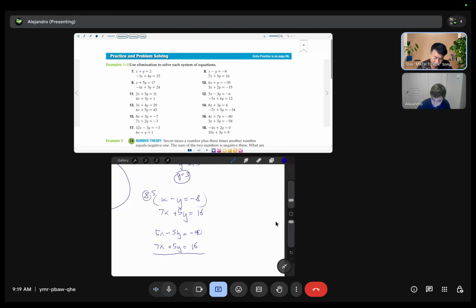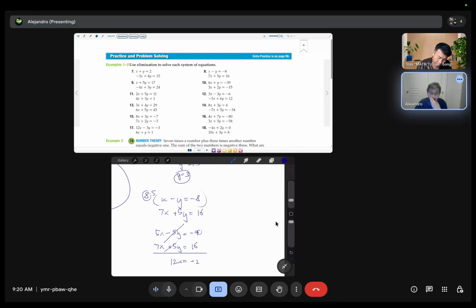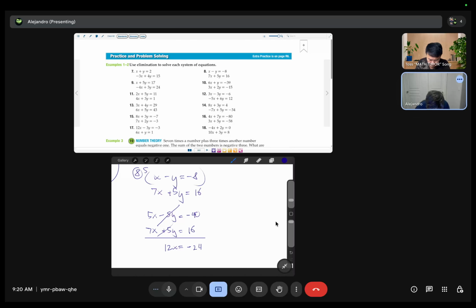Yeah, I remember everything, even now. So cancel, you're left with 12x. And this one, what is it? Negative 24, I think. And then divide both sides by 12, you get negative 2 for x.